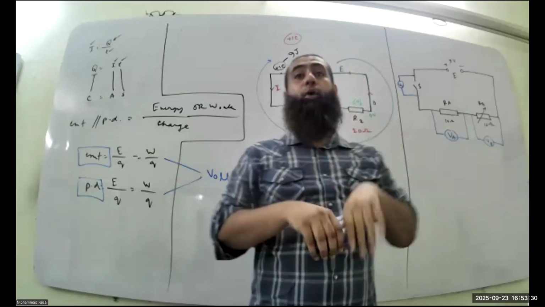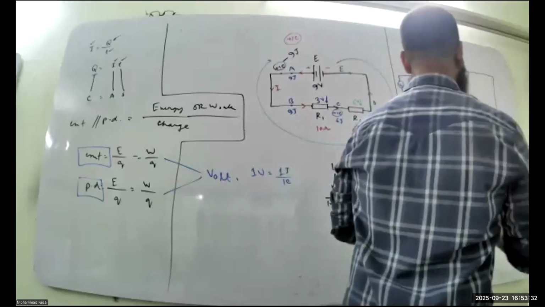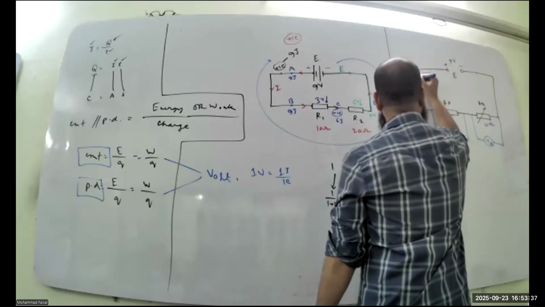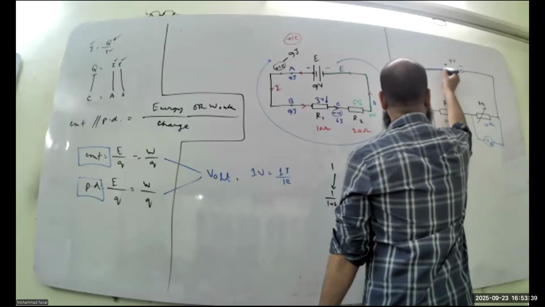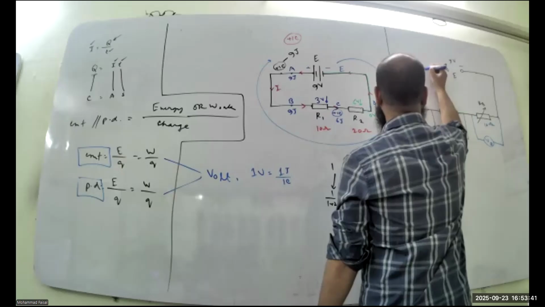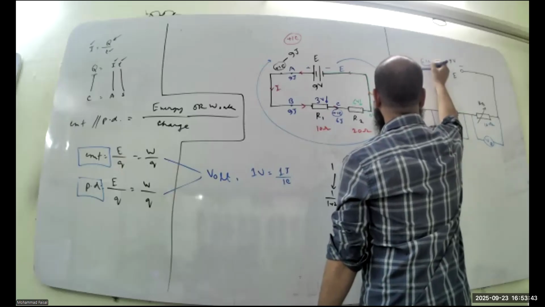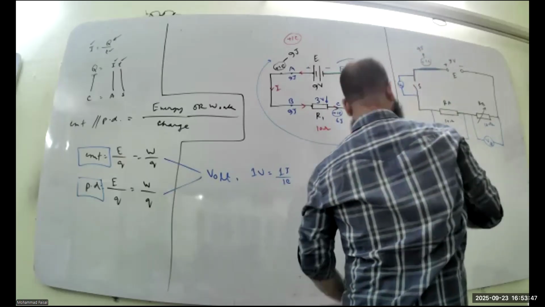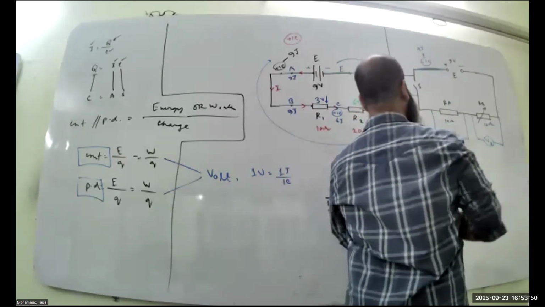But here is my point. Whenever the switch is open, these things, all of these ones, has a push value of how much? Every plus 1 coulomb charge has an energy of how much? 9 joule. How about over here?